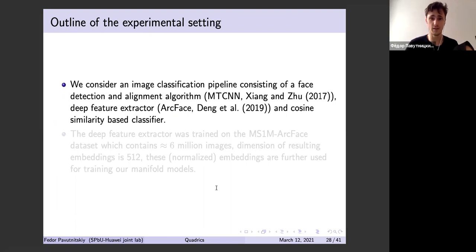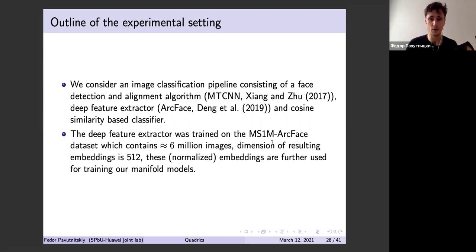So we consider the face recognition pipeline that has face detection, face alignment, a deep feature extractor, and some classifier. On top of this, I will explain these notions. We chose the state-of-the-art model ArcFace with the MTCNN face detector.